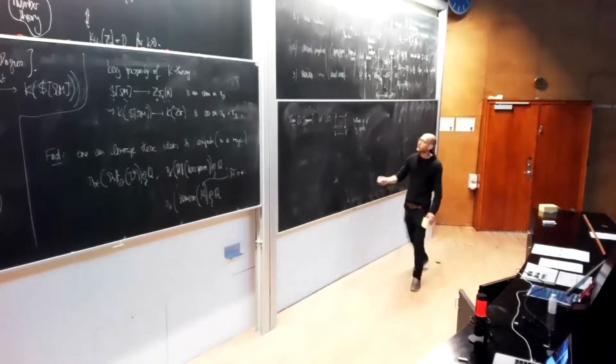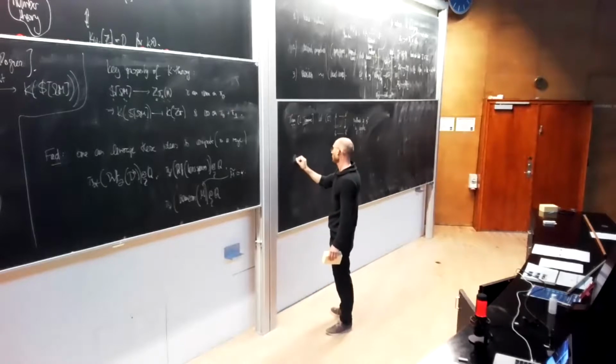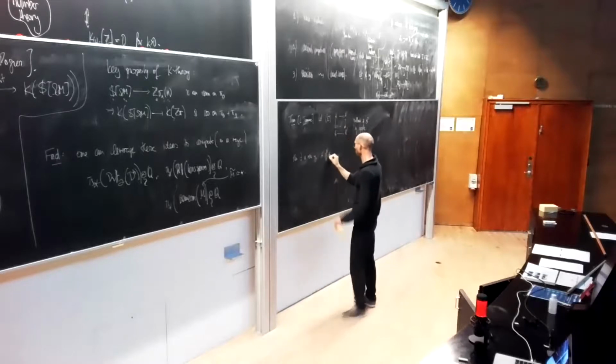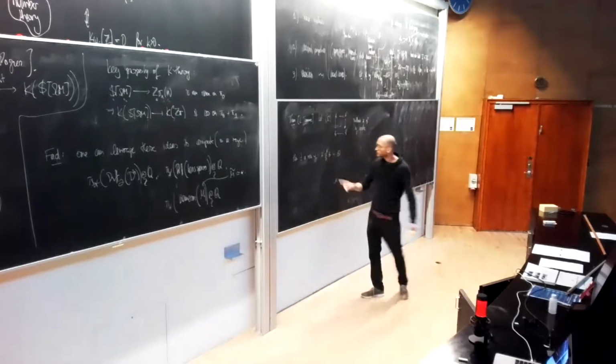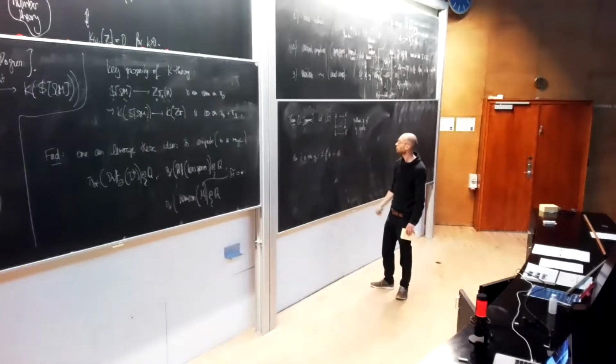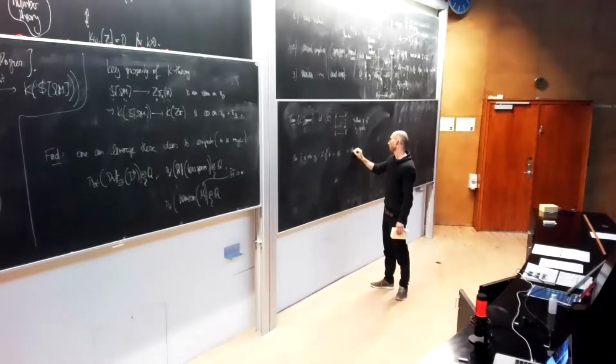And then the claim is that there exists a new ring, and I'm going to abbreviate it with a circle dot. So it's denoted like this, but let me just write a little circle dot for it. And there is a diagram of the following shape.